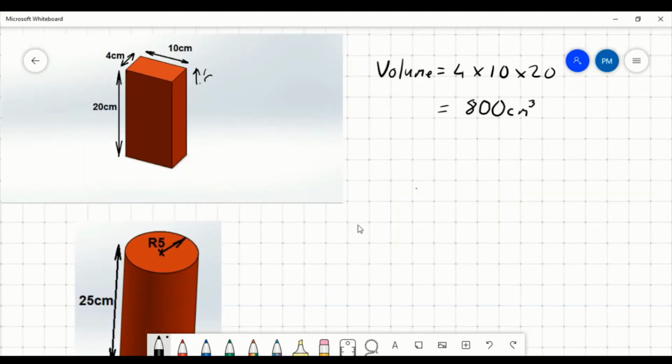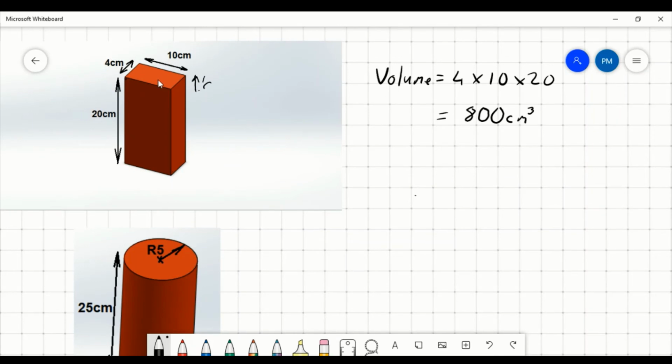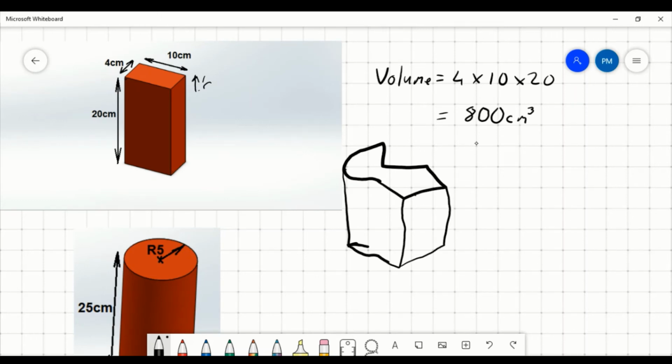So the next shape is going to be the same. So all the ones we're looking at are all going to be just calculate the cross section. No matter how complicated looking the cross section is, even if you got something like this, if you got any sort of a complicated shape like that, as long as you can find that area, and as long as there's nothing, if there was little bumps or anything like this would completely change the question.